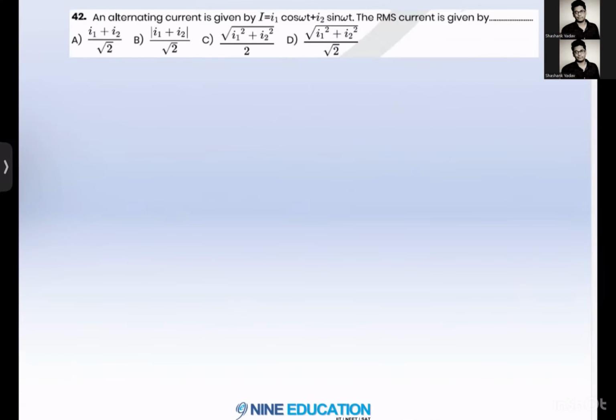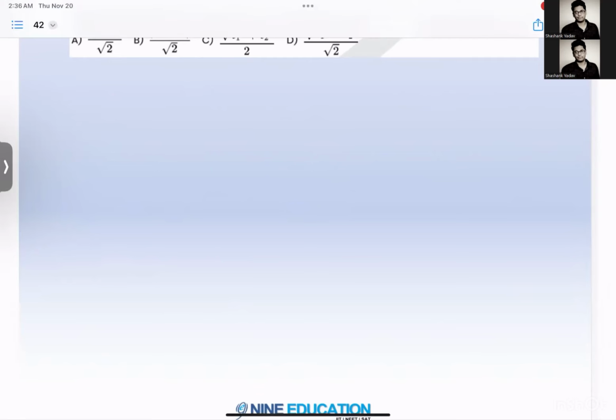So in this next question, I is given as I1 cos omega t plus I2 sin omega t, and the RMS current is asked. The basic understanding of RMS current: I RMS is equal to the square root of integration I square dt divided by integration dt. So this gives us the average value.